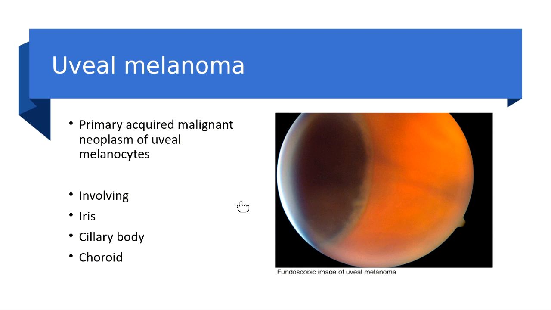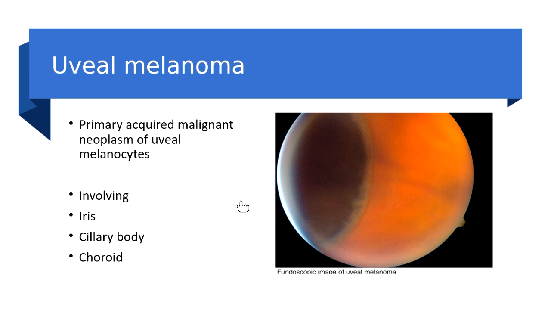The ciliary processes are coming off, the ciliary body is coming off. So the uvea includes the iris going all the way back to the back of the eye, to the choroid. So it is an expansive area that can be involved in a melanoma.